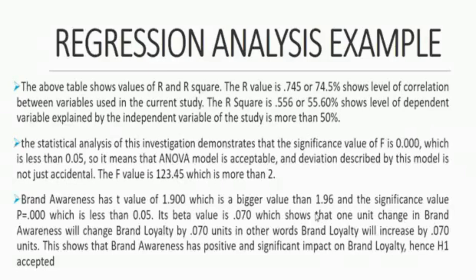Beta value is 0.70, which shows that a 1 unit change in brand awareness will change brand loyalty by 0.70 units. In other words, brand loyalty will increase by 0.70 units. So this shows that brand awareness has a positive and significant impact on brand loyalty, and due to this solid reason, hypothesis 1 is accepted.